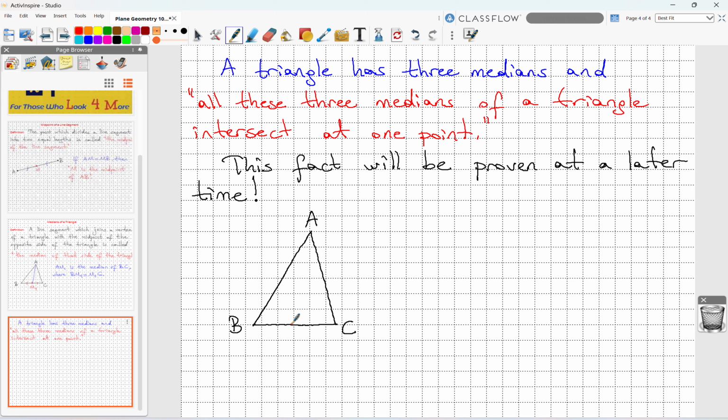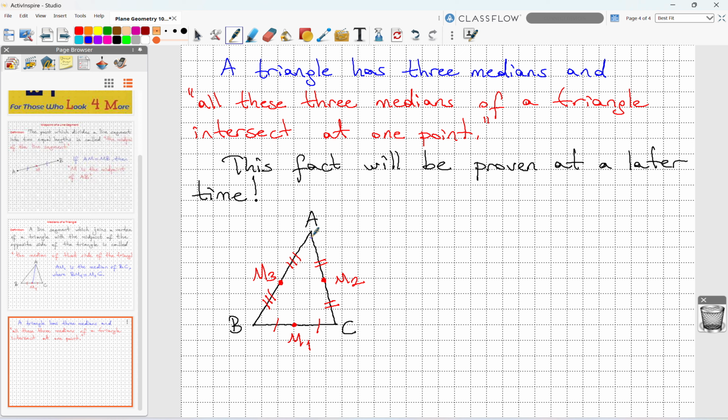So let's say that, for example, M1 is the midpoint of BC. So let's say that M2 is the midpoint of AC, assuming that the sides may have different lengths. And lastly, let's say AB has the midpoint M3. M3 is the midpoint of AB.